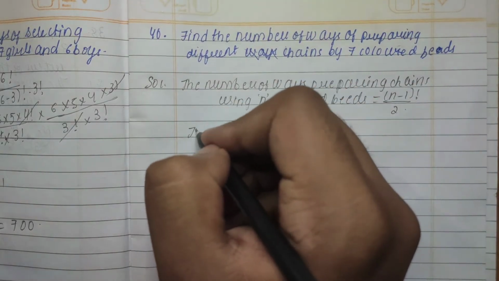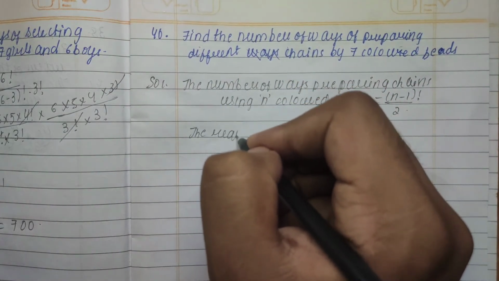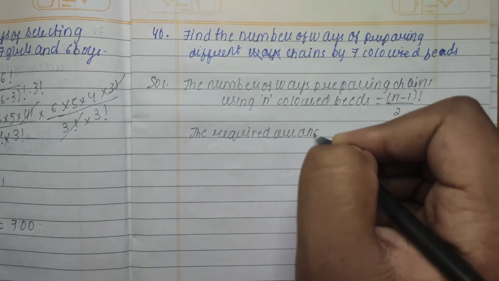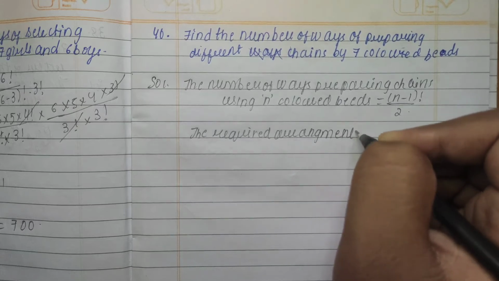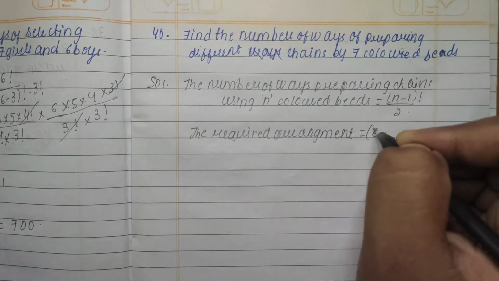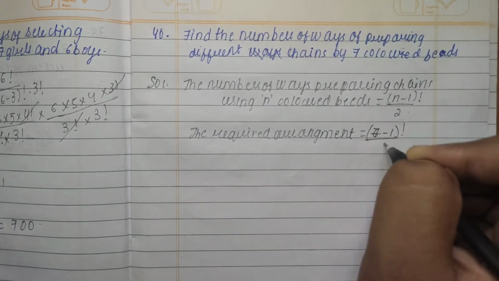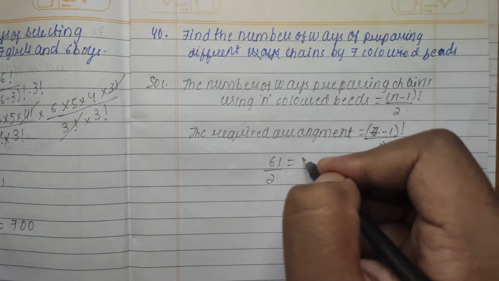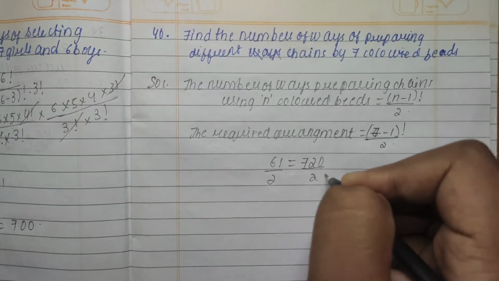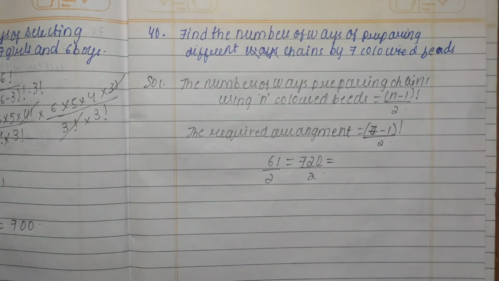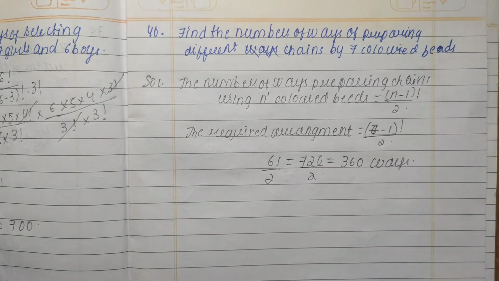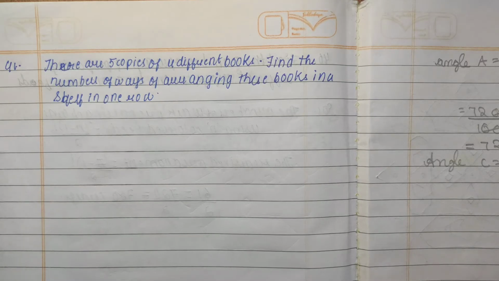So the required arrangement is 7 minus 1 factorial by 2, that is 6 factorial by 2. 6 factorial is 720 by 2, which is 360 ways. That's it.